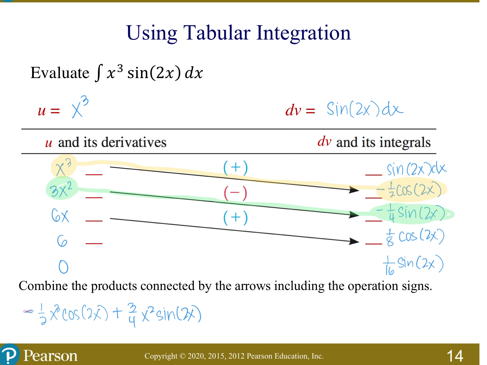And then, okay, 6x combined diagonally down to 1/8 cos, and everything's positive in that situation, so that'll be a plus. 6 down to 8, so 3/4 x cos 2x.